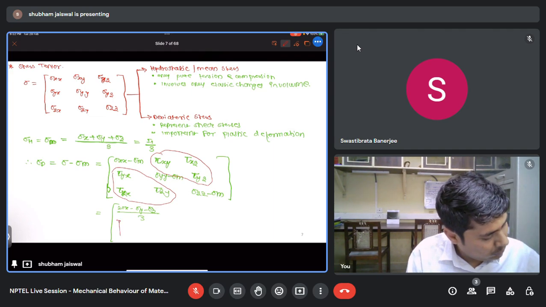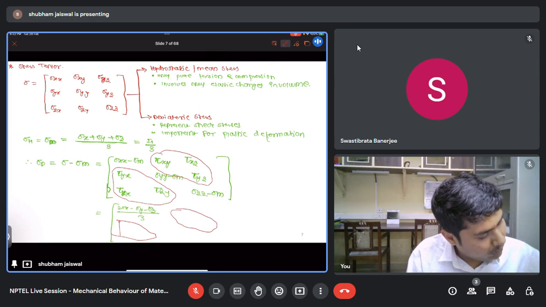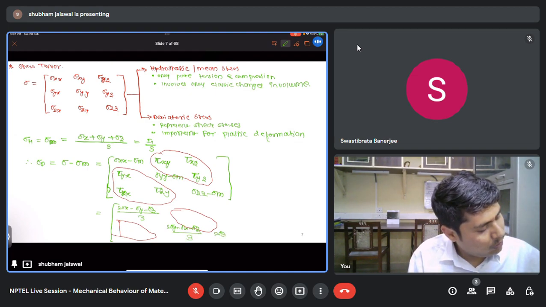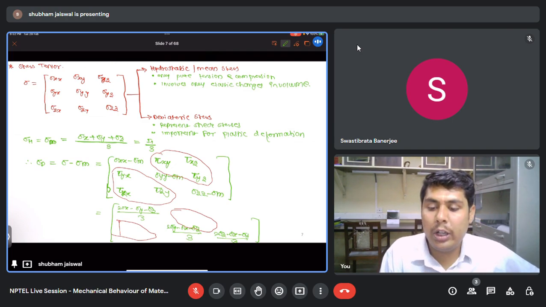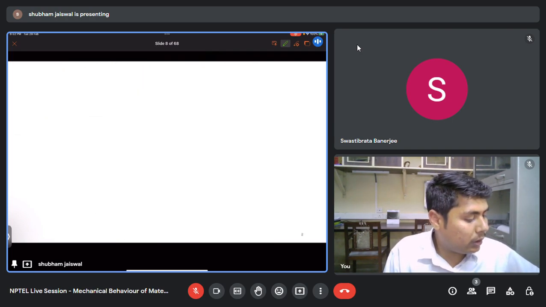So only changes will happen in here. That is 2 sigma y minus sigma x minus sigma z by 3, and here 2 sigma z minus sigma x minus sigma y by 3. So this deviatoric stress we can get.